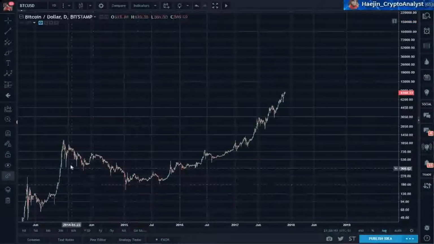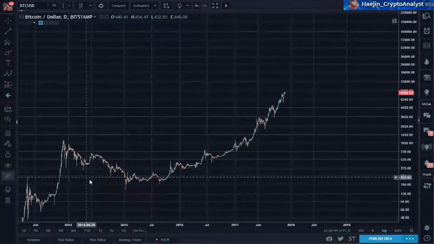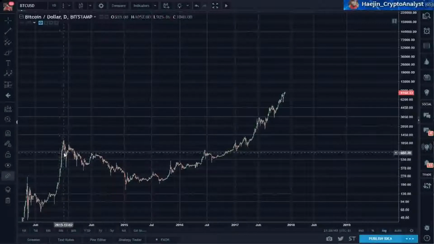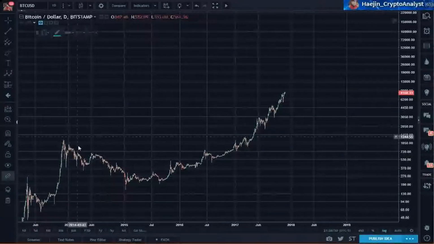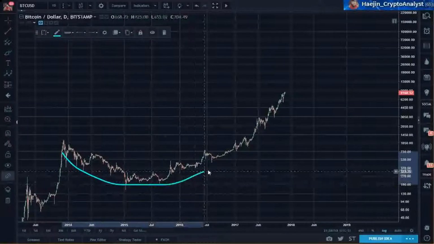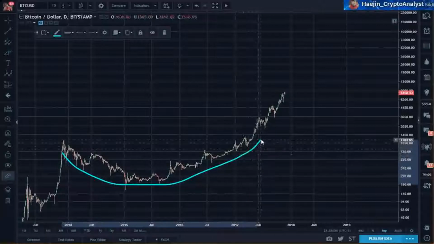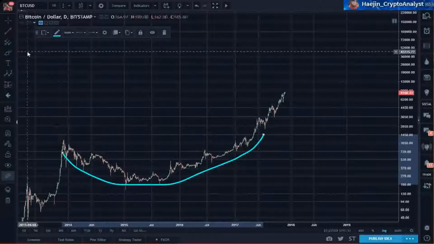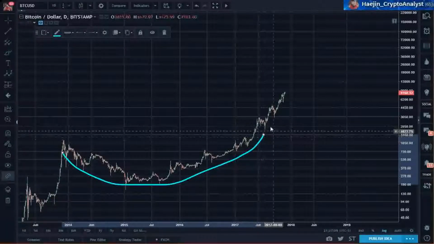We've discussed the cup and handle quite often, and the primary component of the cup and handle is the cup part, just like what you see here. But this one doesn't really have a handle.